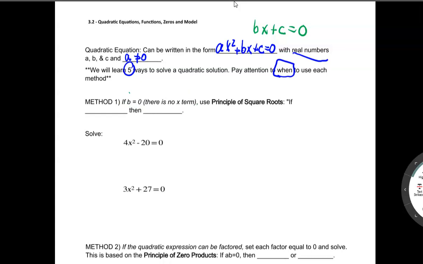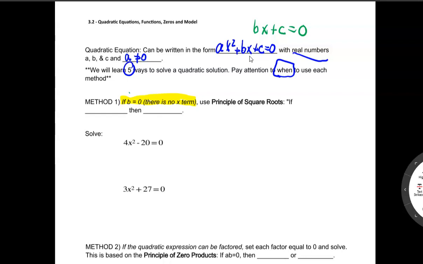Okay, so let's go ahead and talk about the first method. In yellow here, this is the when. This is when you use it. When do you use this first method? It's whenever the b is 0. What is the b up here at the top? B is the coefficient of x, the number that's in front of x.